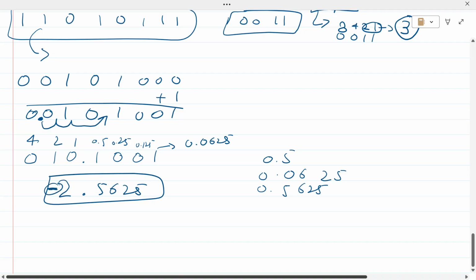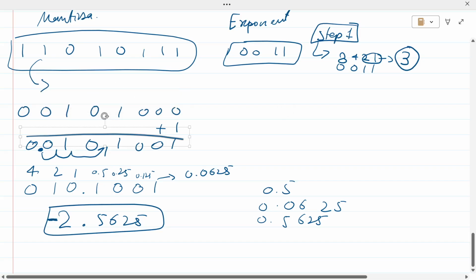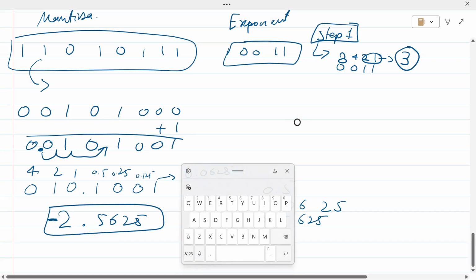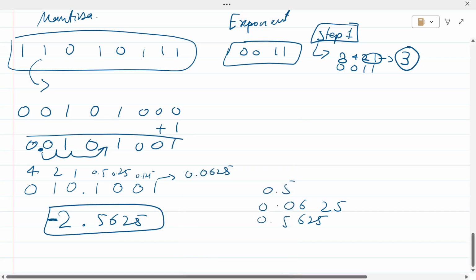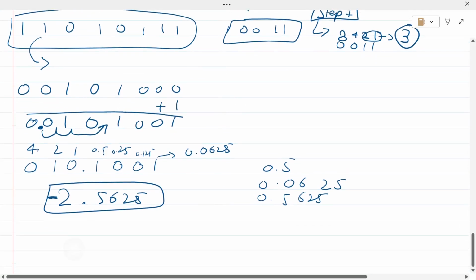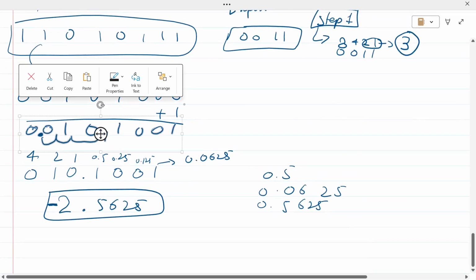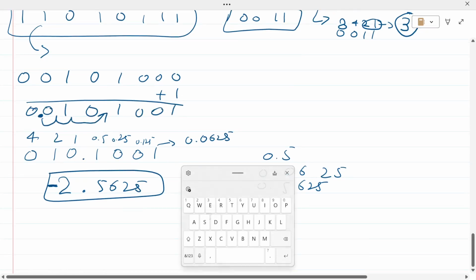Don't forget this, because the only reason you converted this negative mantissa into a positive mantissa was for your own convenience, so that you can do it exactly the way you would have done it had it been a positive one, right? So you took the 2's complement, you did whatever you had to do. But once you finally get your answer, you need to remember that this came from a negative mantissa, so it has to be a negative number. It has to be a negative binary number, right?